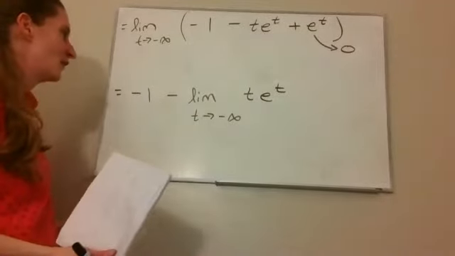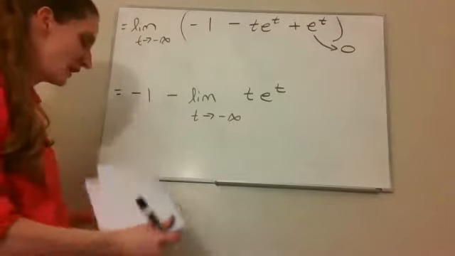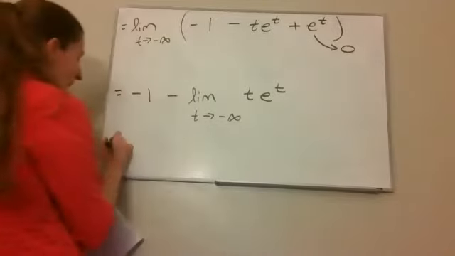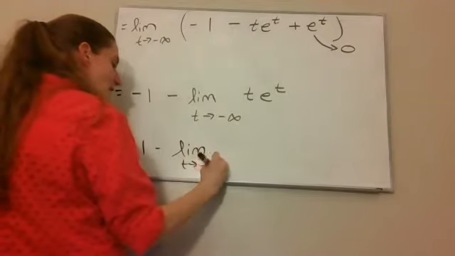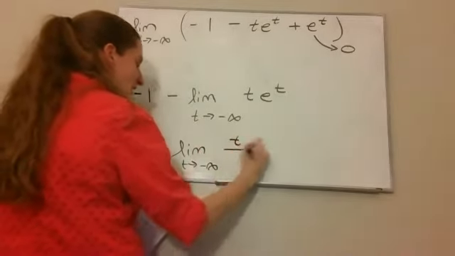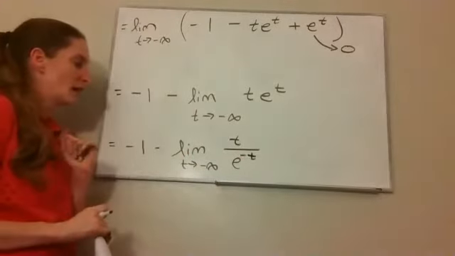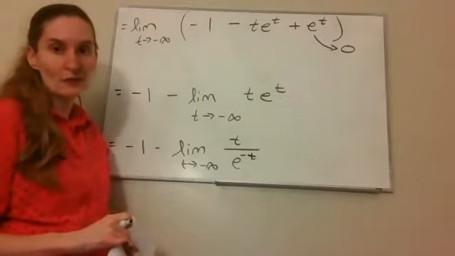So again, this is of the form negative infinity times 0. We don't know what that is, but I can rewrite it and evaluate it differently. I can rewrite this as t over e to the negative t. And now my numerator goes to negative infinity and my denominator goes to positive infinity.